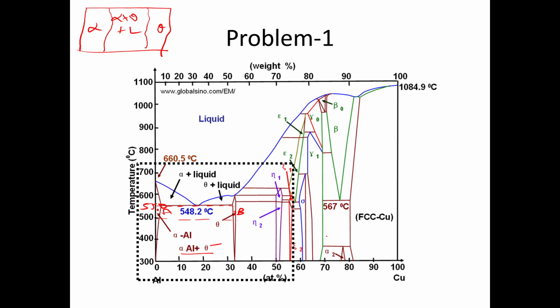Here you can draw a phase diagram by considering this point C and D. So first the gamma phase will be there.